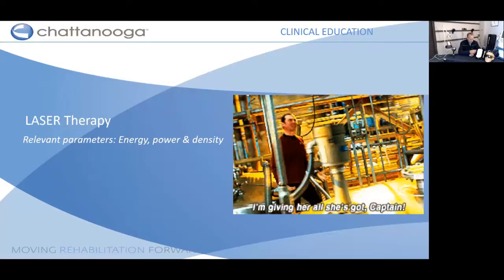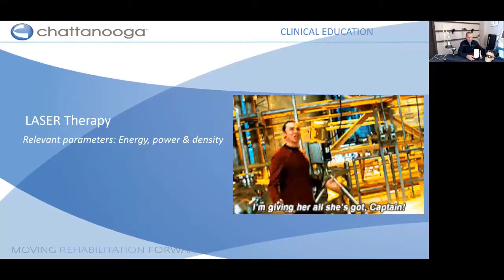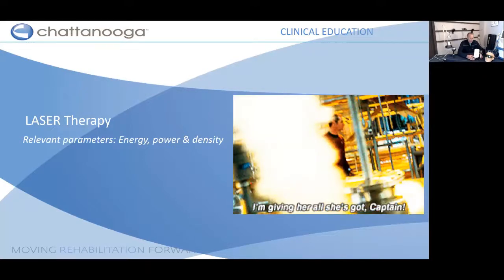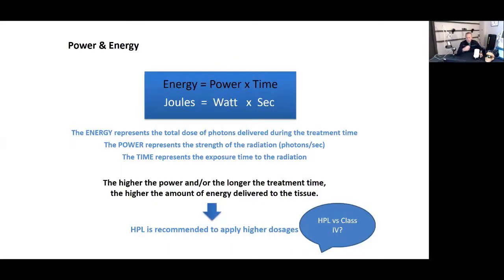So we're going to have a brief discussion here on power, right? Because this is kind of what we're into and why we're having this. But power has basically everything to do with delivering the dosage. And remember that if you go back to some of these slides and we look at the loss due to absorption in more superficial tissues, we have to take that into consideration.